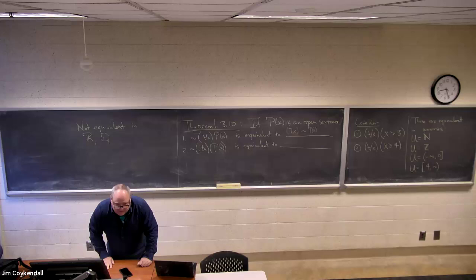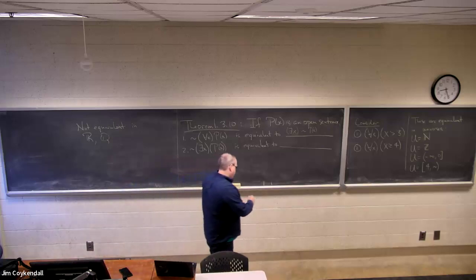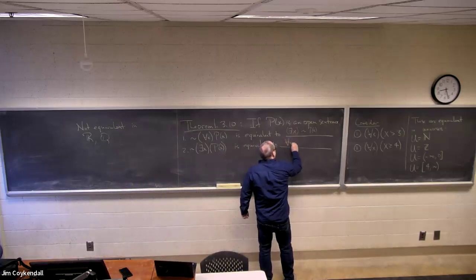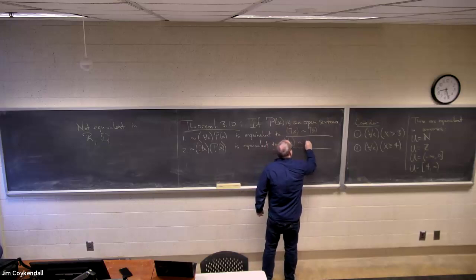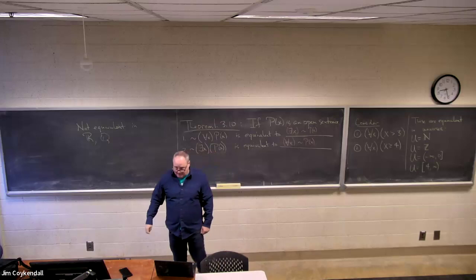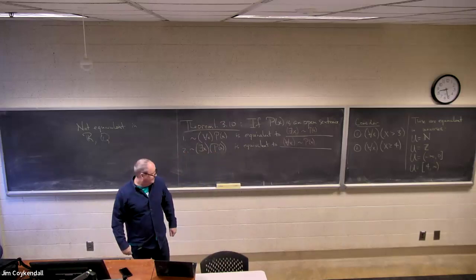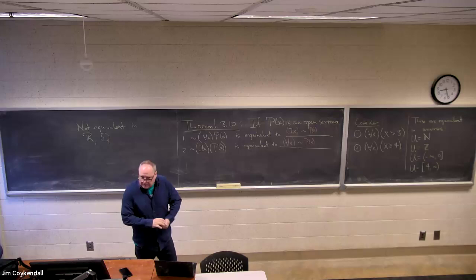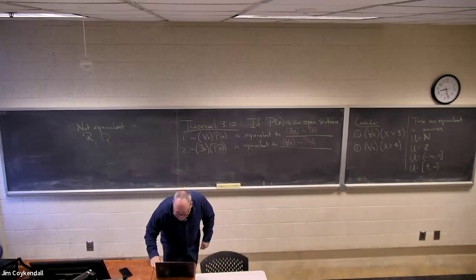What's the negation of that statement? There's not a single x in the universe that makes that work. Everybody agree with that? Let me write that down carefully. For all x, not p of x. Okay with that? For all x, p of x doesn't work. Right? Okay, any questions on that?